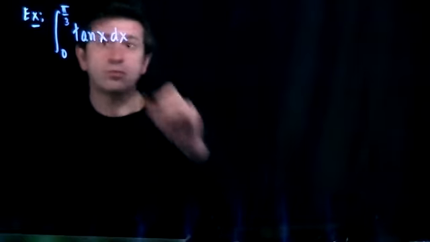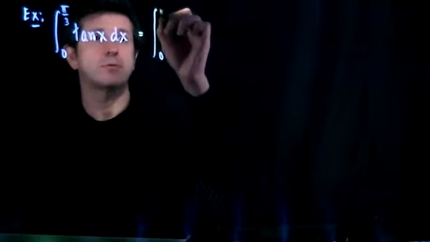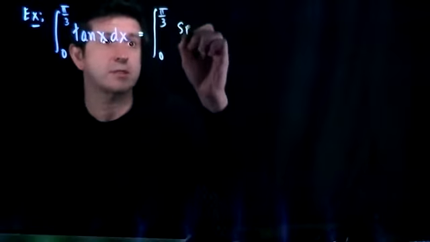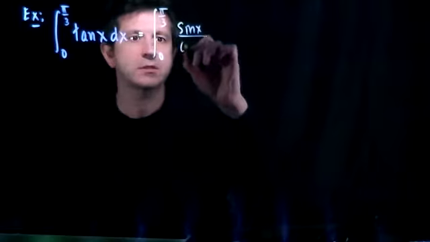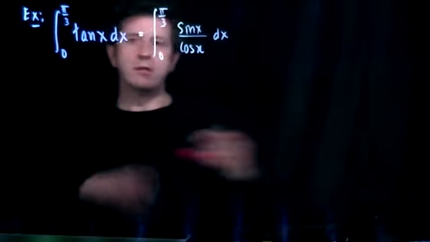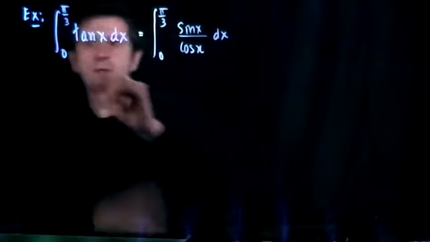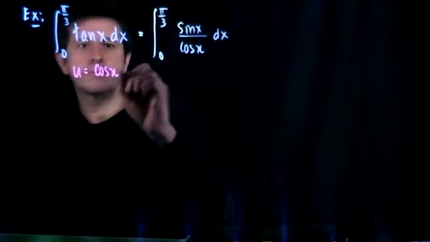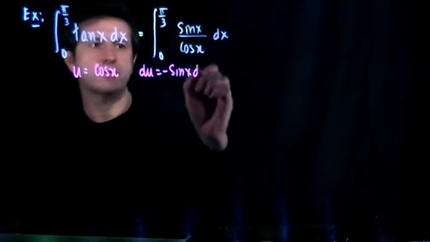So we have to do a substitution here. From 0 to pi over 3, the tangent x is equal to sine x over cos x dx. And then you remember, we did u is equal to cos x, du is negative sine x dx.